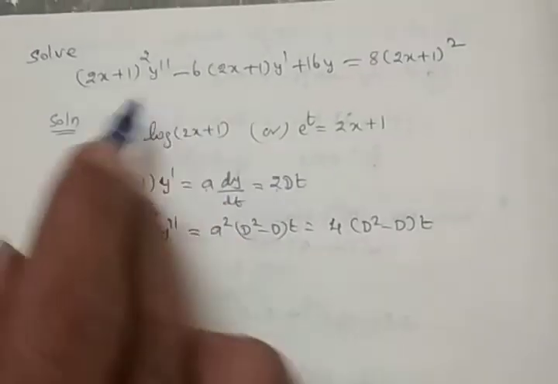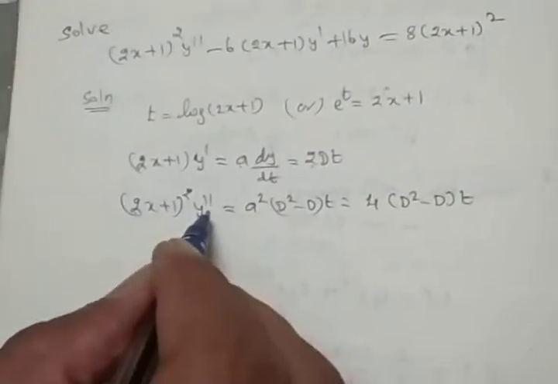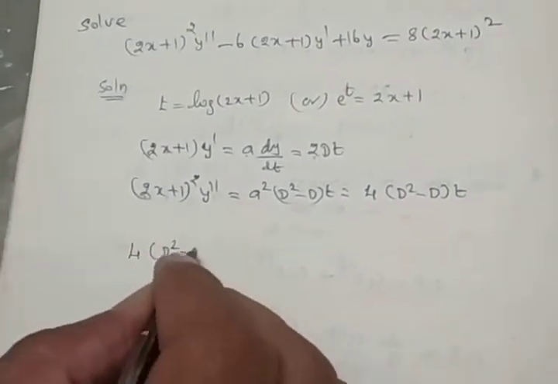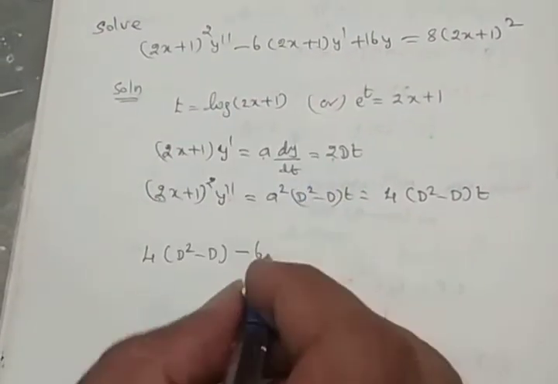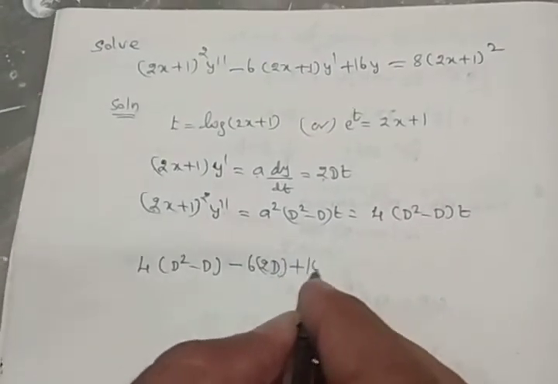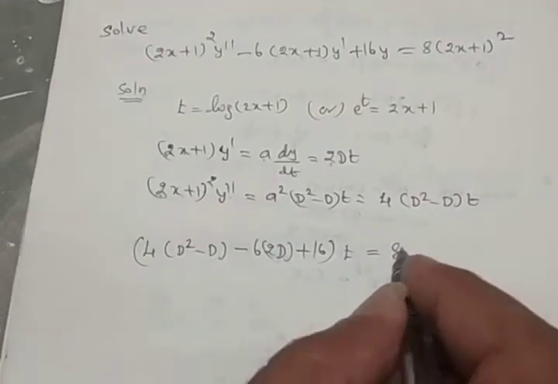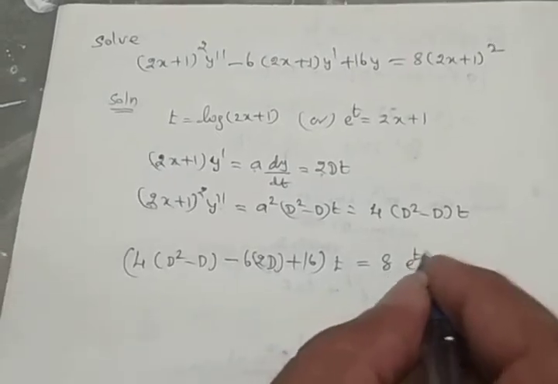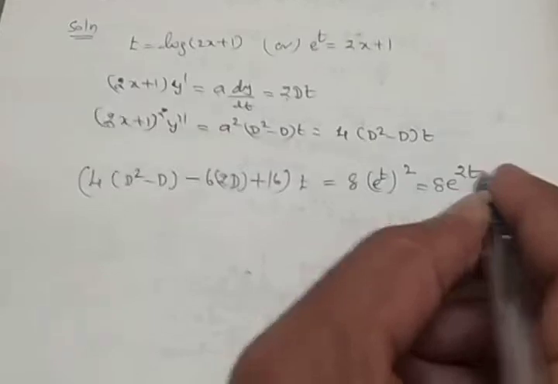Now these two we substitute in the equation. So instead of 2x plus 1 whole square into y double dash, we write it as 4 times D square minus D, minus 6 times this one, we can write it as 2 times D, plus 16 of t equal to 8 times 2x plus 1, which is e power t square. So this one we can write as 8 into e power 2t.